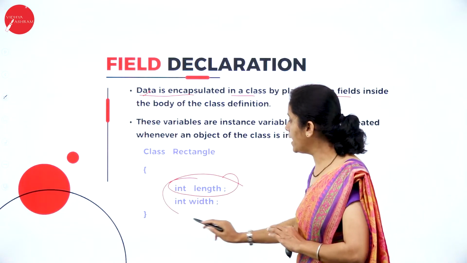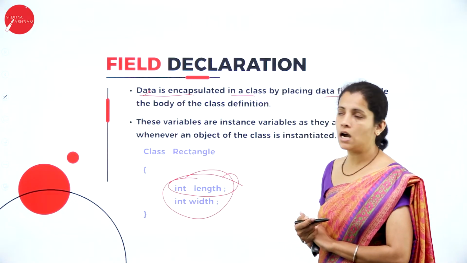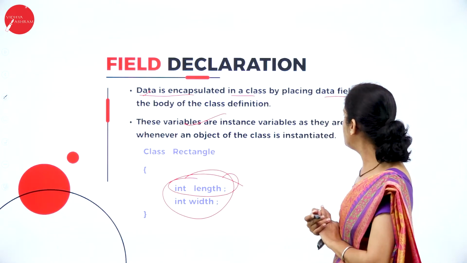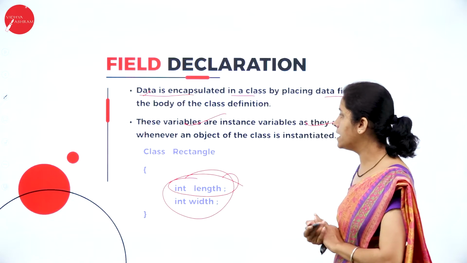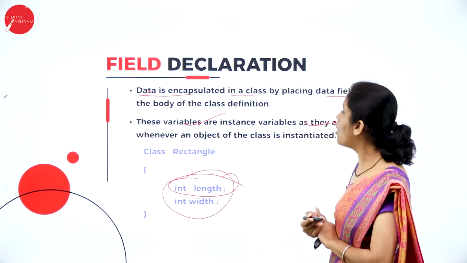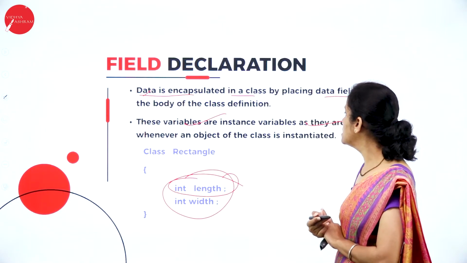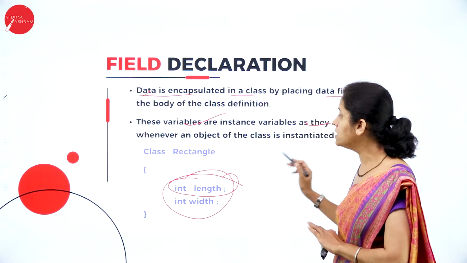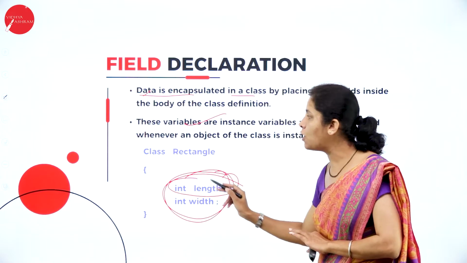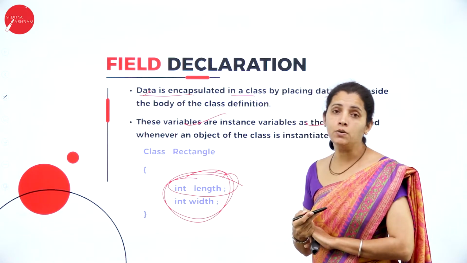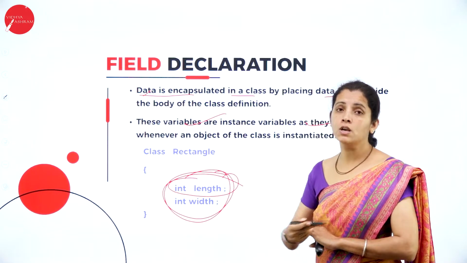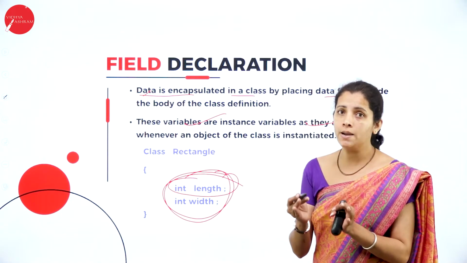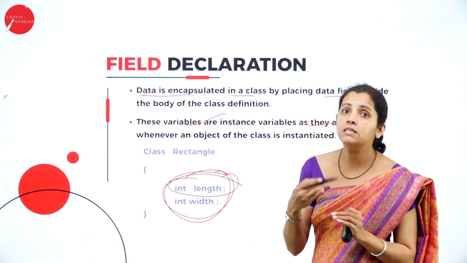See, I'm going to encapsulate the data. These variables are instance variables as they are created whenever an object of the class is initialized or invoked. So these variables are called instance variables because when I create the object, at the same time I'm going to pass the values.